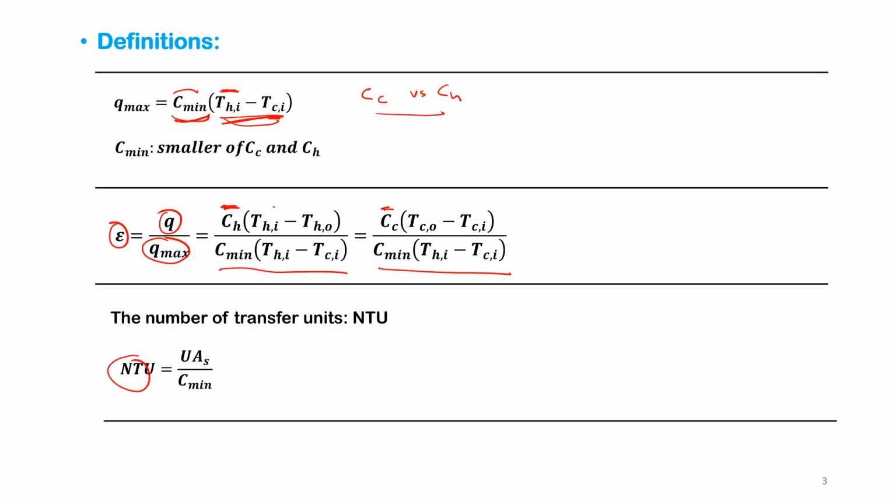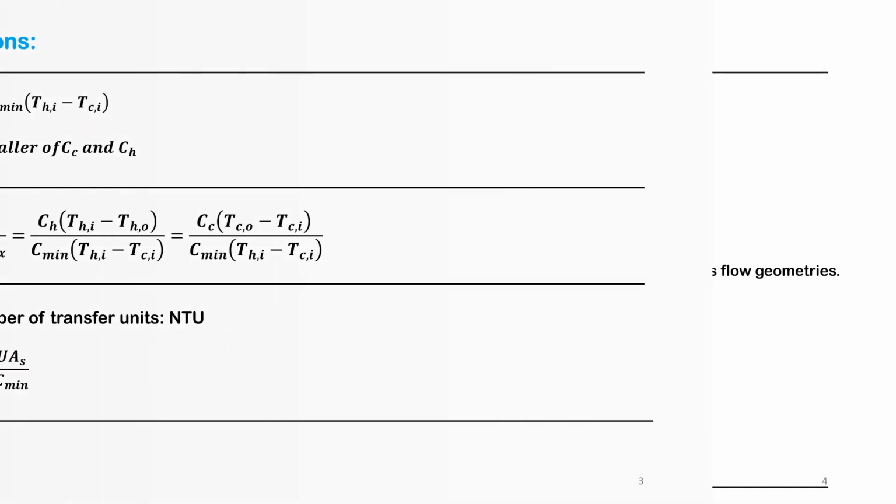NTU, which means the number of transfer units, is equal to U times A_s divided by C min, where C min is the smaller of C, the product of Cp and m. Okay? So now we define epsilon and we define NTU.